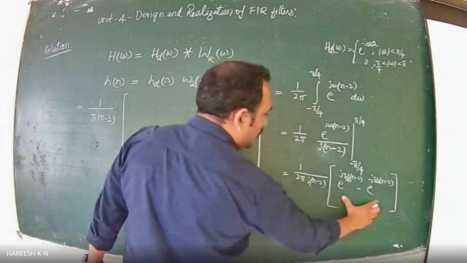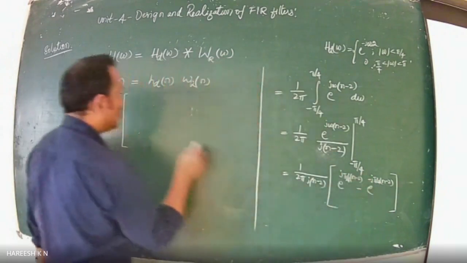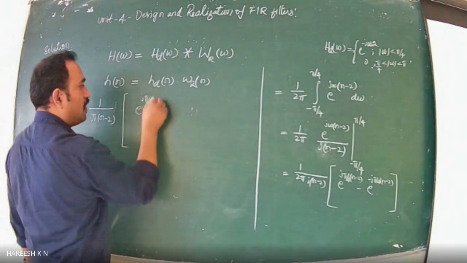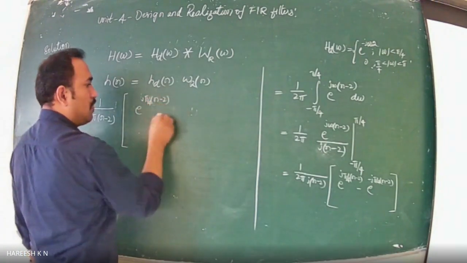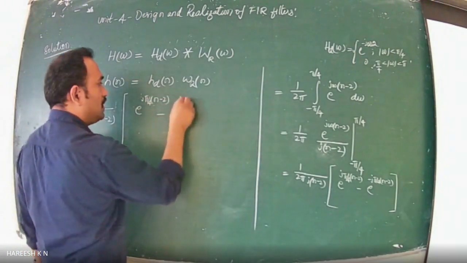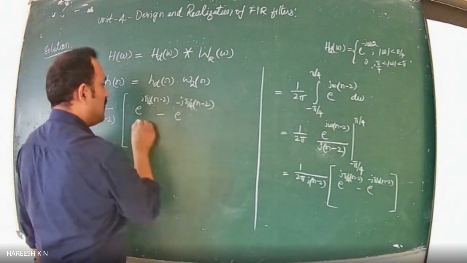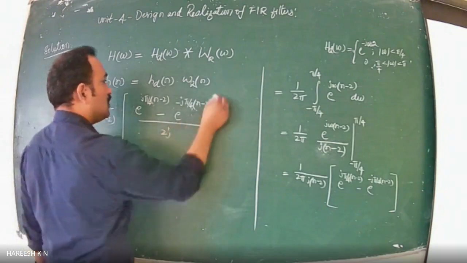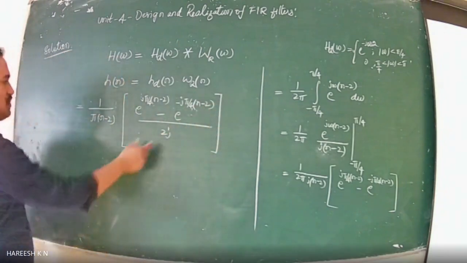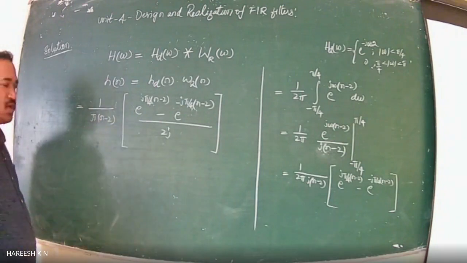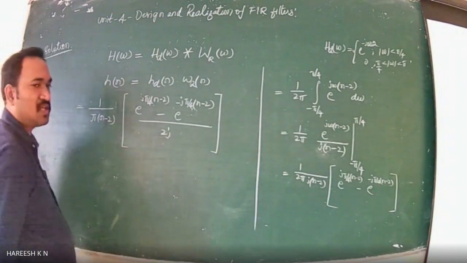It has to be the denominator of this expression throughout. Therefore, it is e to the power of j pi by 4 into n minus 2 minus e to the power of minus j pi by 4 into n minus 2, divided by 2j. We can write like this because this 2j, whether it is present over there or here, doesn't make any difference because it is the product of these two expressions, isn't it?